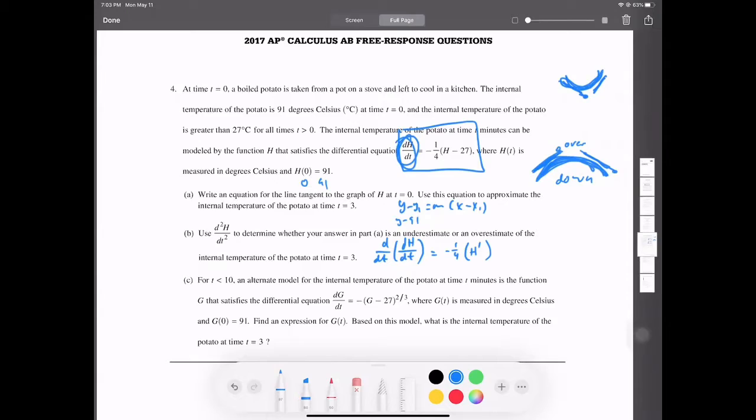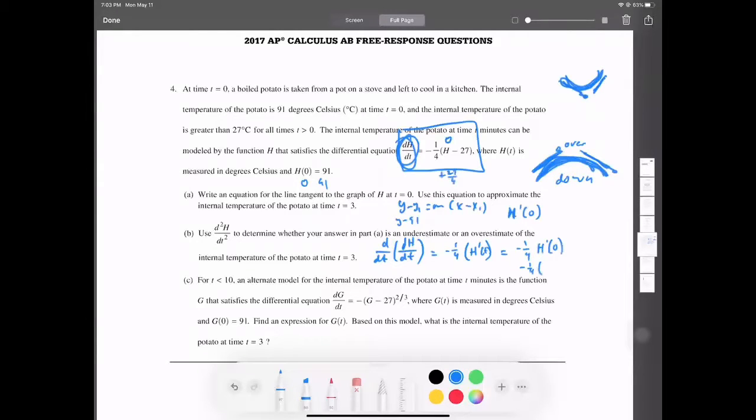Did we figure out what h prime at 0 is? We did. In the last problem, we should have found out what h of t at 0 was, because I'm going to end up plugging the value 0 here. So once I plug in negative 1/4, and then h at 0, if this is positive, we know it's going up. If it's negative, we know it's going down. Let's see. If I plug in 0 here, we end up with a negative 27, so it's positive 27/4. That's the derivative.